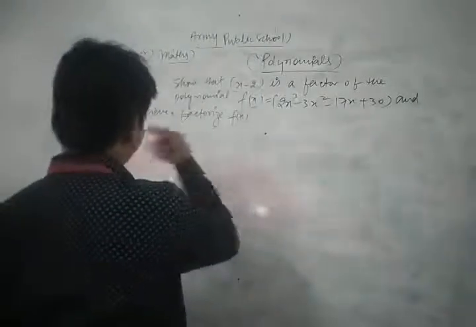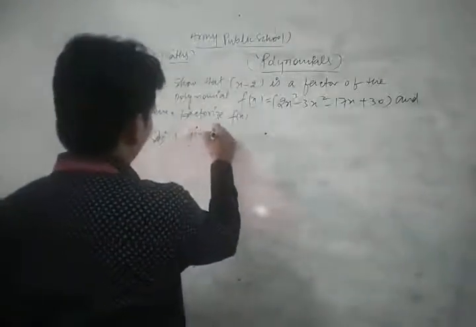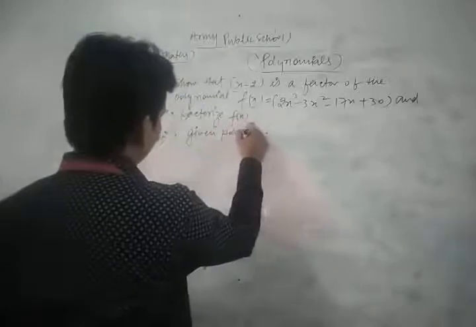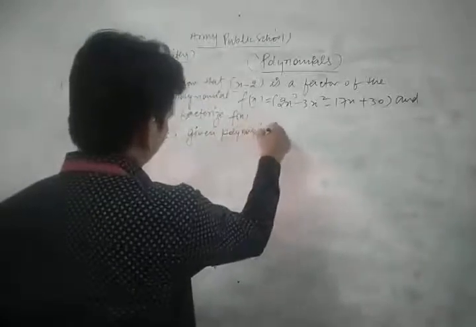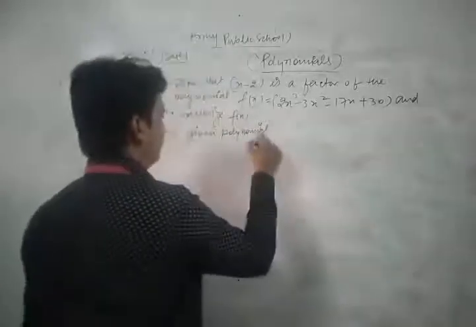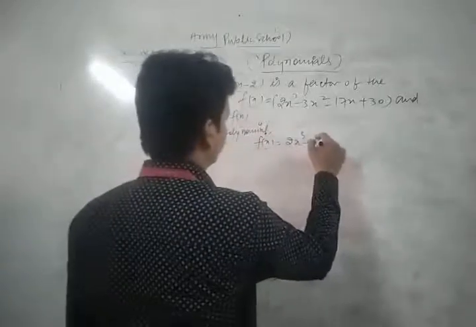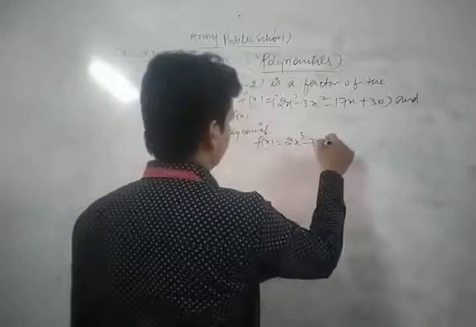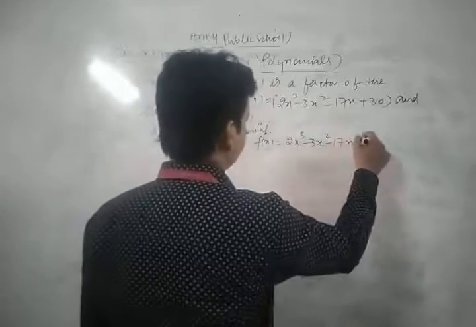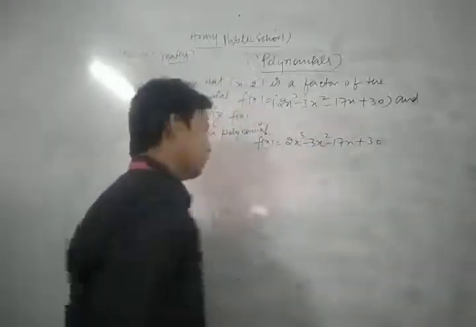Now let's see. First of all, we write the given polynomial. Given polynomial is f(x) is equal to 2x cube minus 3x square minus 17x plus 30.